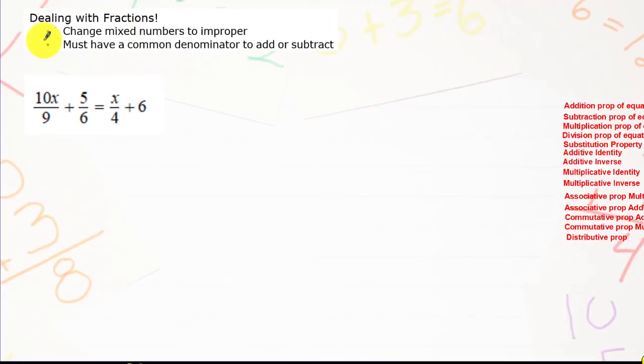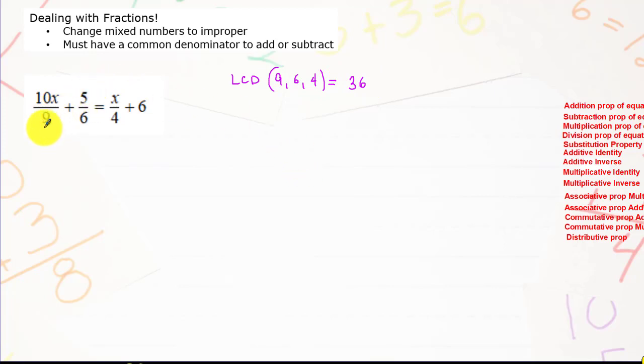All right, next question. Again, we have some fractions. We don't have any mixed numbers, so we just need to have a common denominator. So what should be the LCD of 9, 6, and 4? The LCD of these three numbers, or the LCM in this case, is 36. Okay?